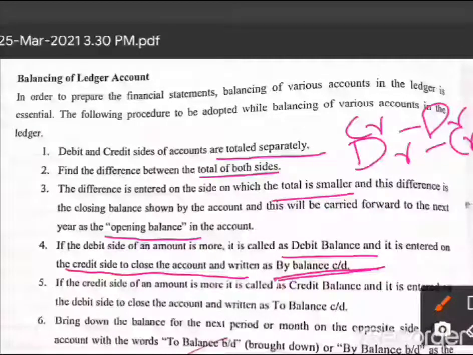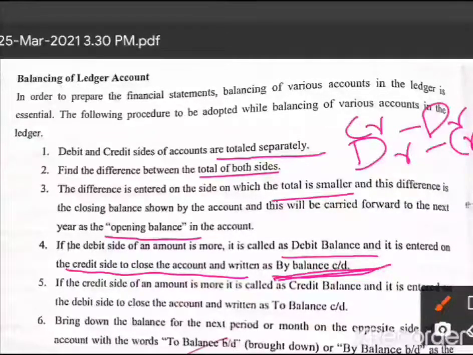So if the debit side is more, we enter the difference at the credit side so that the totals will be balanced. We carry forward the 200 rupees, because it is 1000 at the debit side and 800 at the credit side, so there is a difference of 200. We balance that by entering "by balance carried down" at the credit side.